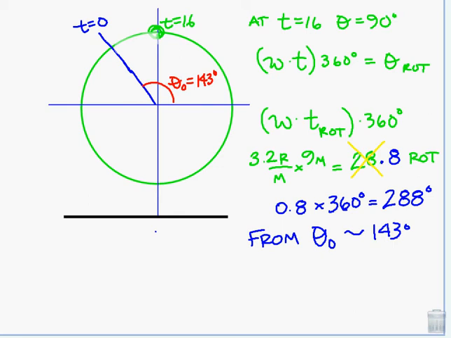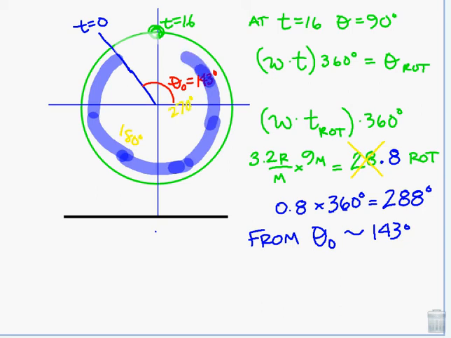So if my original was 143 degrees, and I go 180 degrees, and I'm going to keep going, there's 270 degrees.